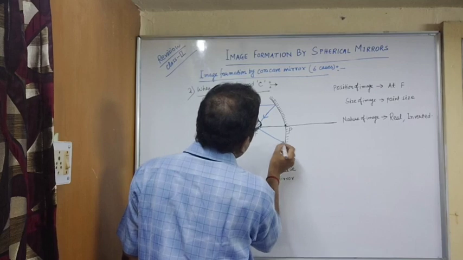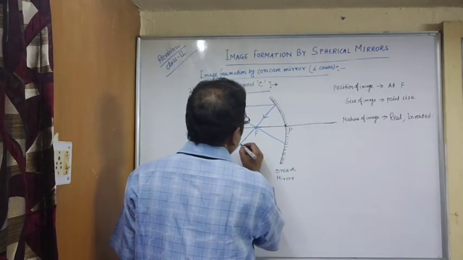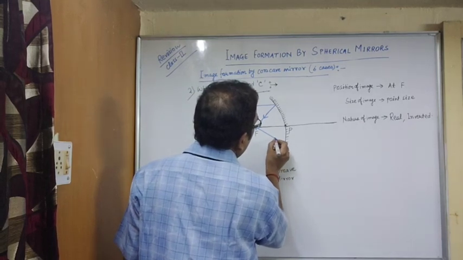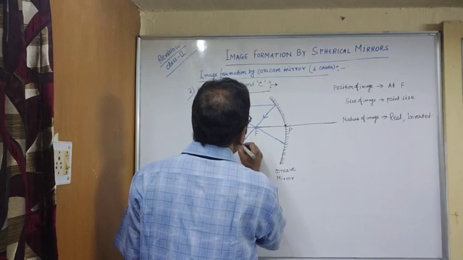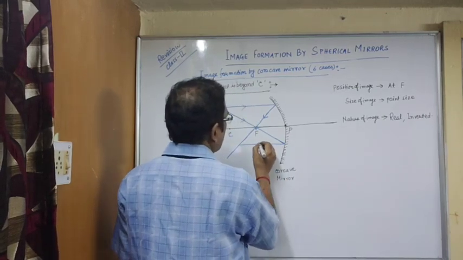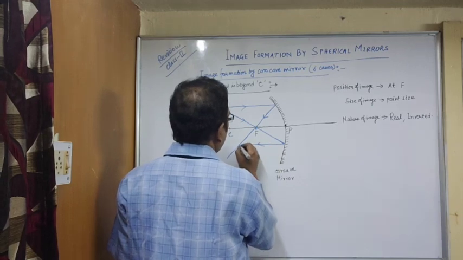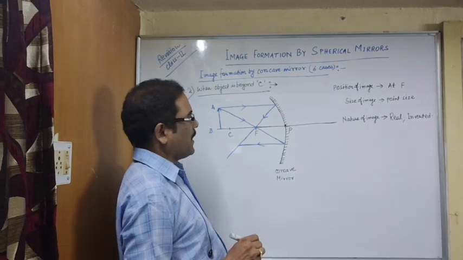This is the ray which passes through principal focus of the mirror. According to rule, a ray which passes through principal focus becomes parallel to principal axis after reflection. So the ray will be reflected back from the mirror and it will be parallel to this principal axis.